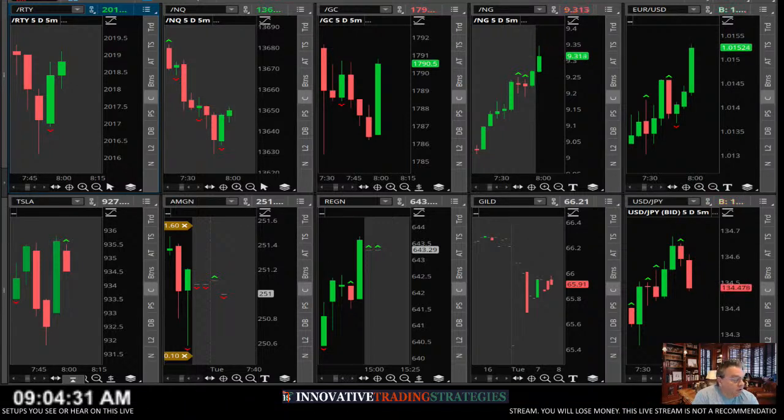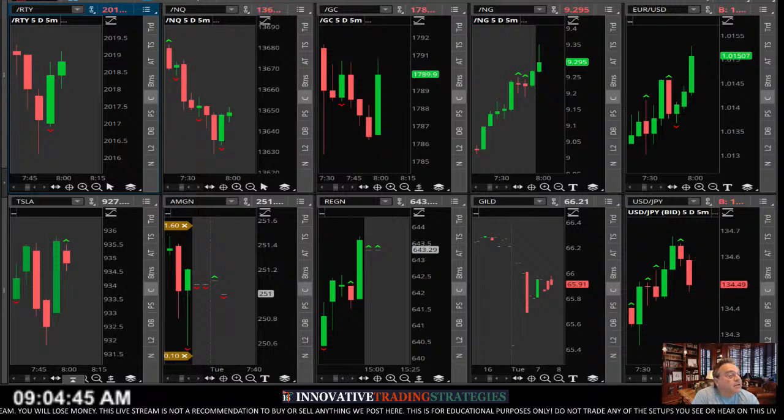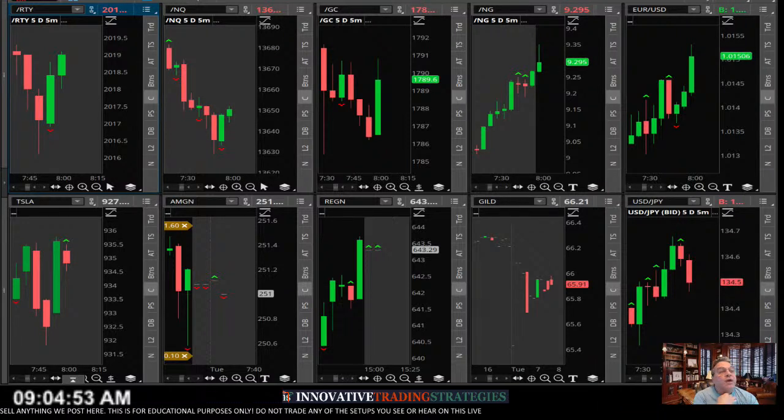Okay, so briefly what I'm doing here, I'm going to be demonstrating a couple of my strategies with these indices, the mini Russell and the mini Nasdaq, and on the commodities, gold and natural gas, and also on the stocks. I'm going to be using something we call Einstein.